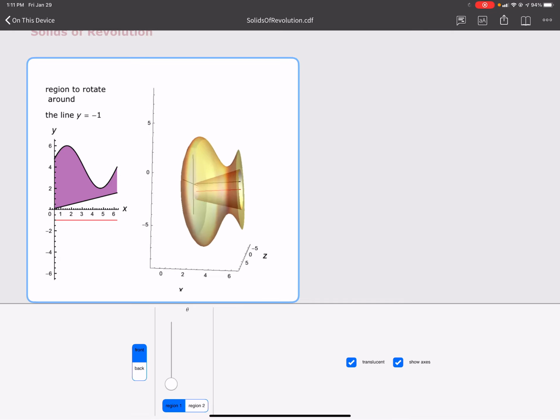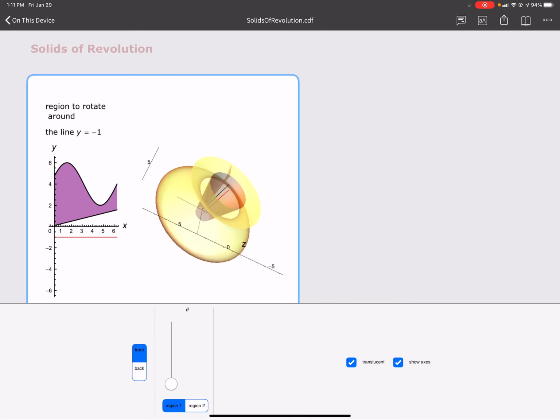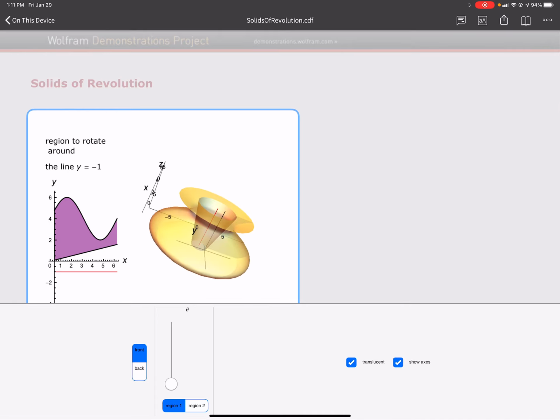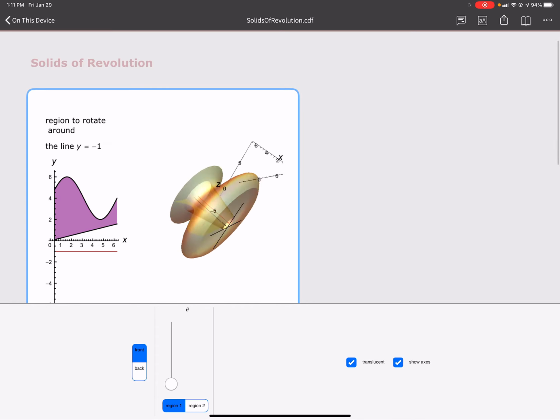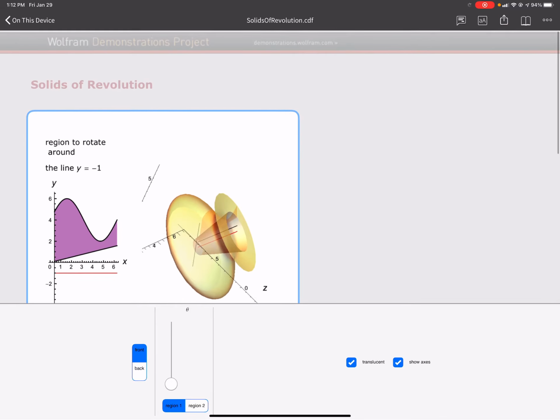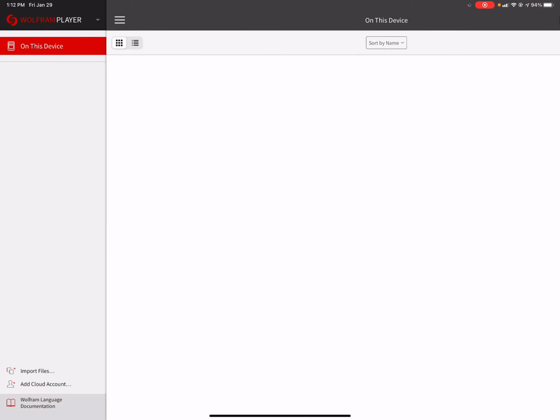The original shape rotated gets us a pretty cool looking, I don't know what you'd call that. Could be like a vase looking thing or whatever you want to call it, but pretty cool. So that is another example of a volume of revolution. We can go to the last one, and you've seen these. I've done these examples for you.